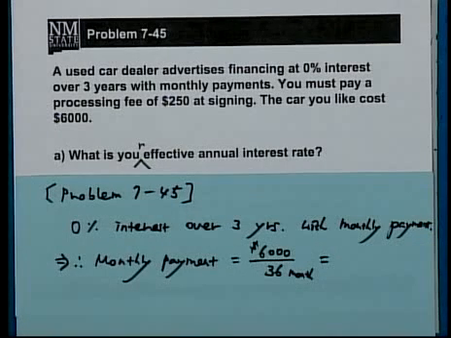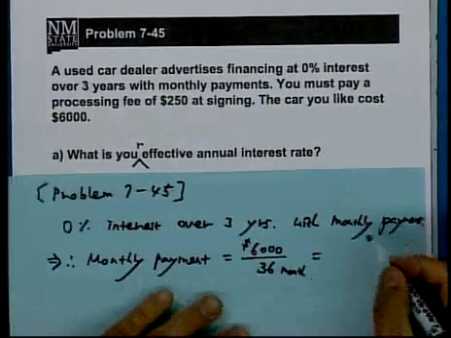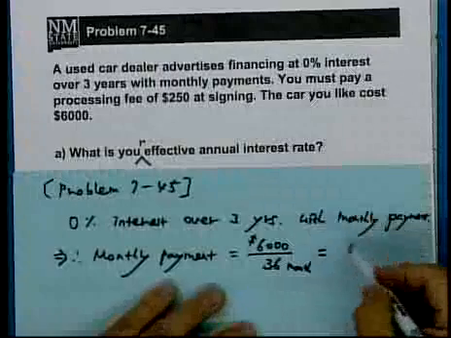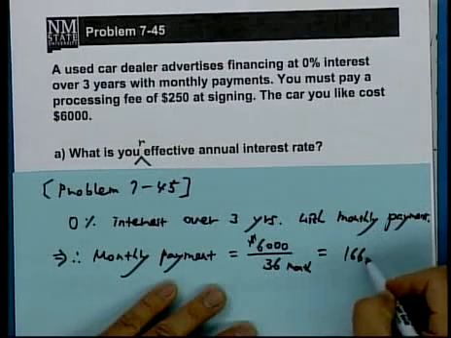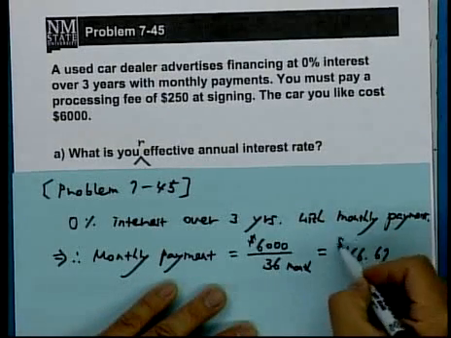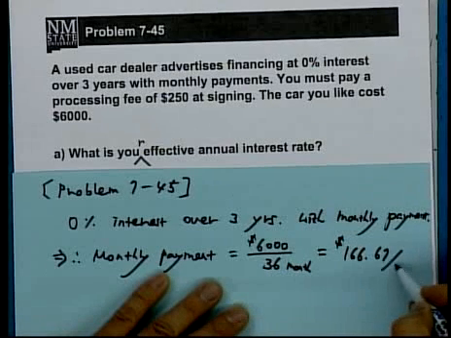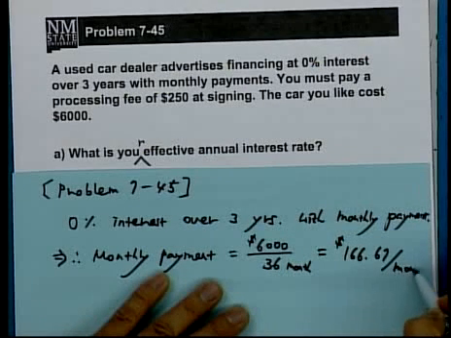So how much is 6,000 divided by 36? That is $166.67 per month. Okay.